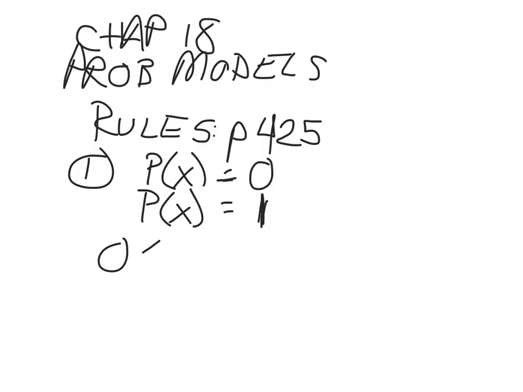Now typically it's between 0 and 1, but it actually can include the endpoints. For instance, if I select the name of the day of the week at random, what is the probability that it has a Y in it? Of course, it's 1. Okay?